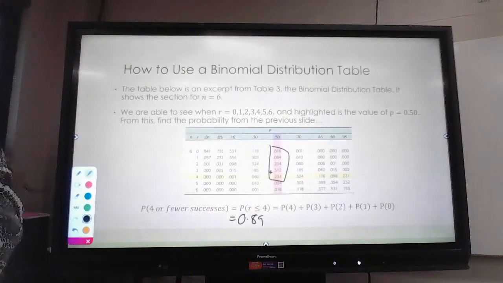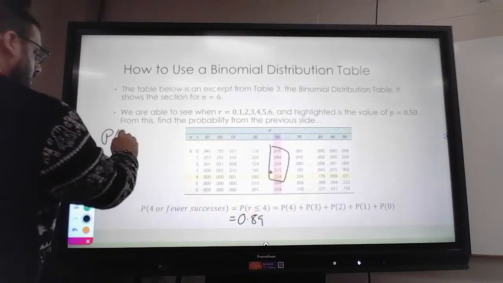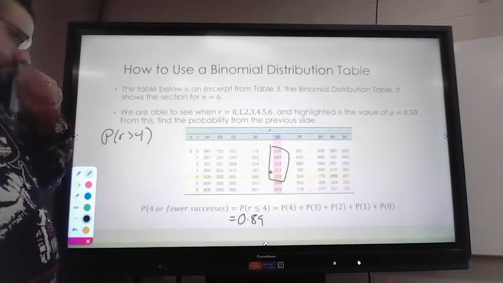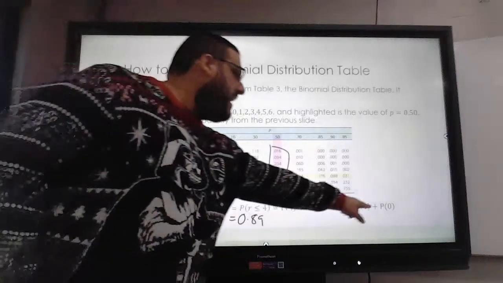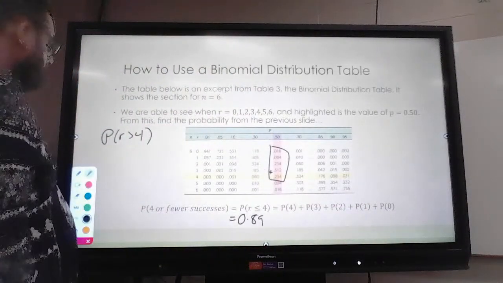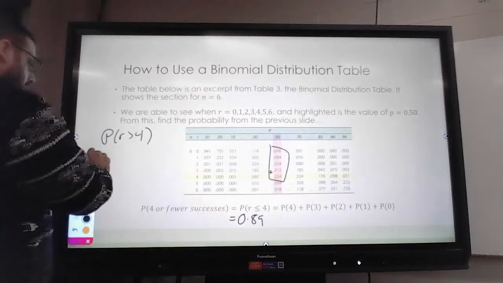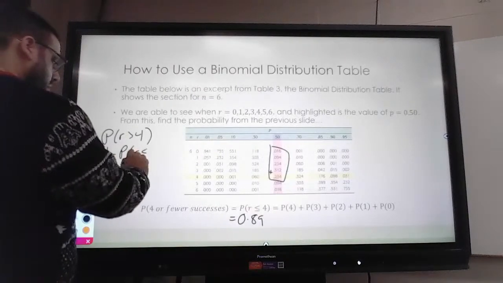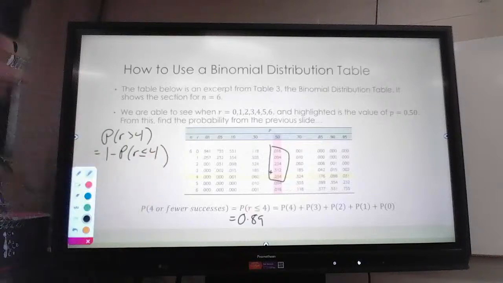Now, what if R was greater than 4? I'm going to cover that a little bit later, but in short, if R is greater than 4, it means it's definitely not one of these values. Well, the good news is I can take this probability and subtract it from 1, because that's the complement.